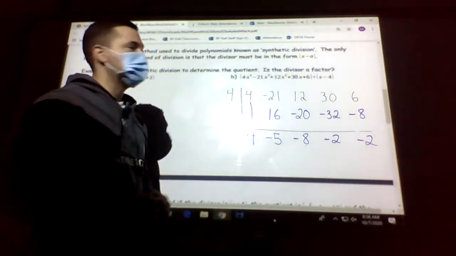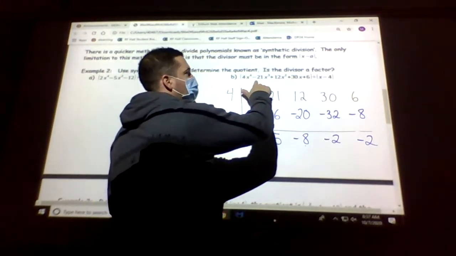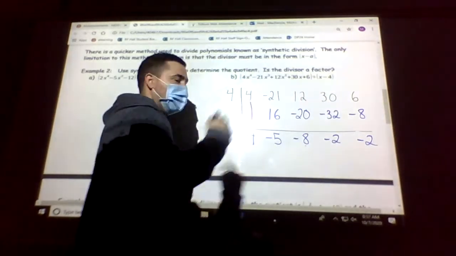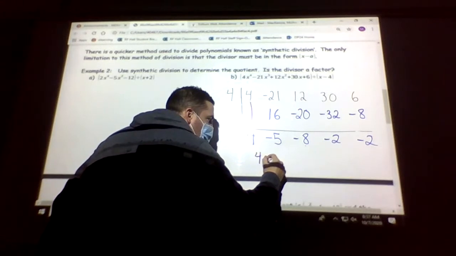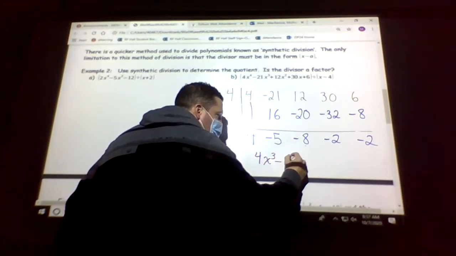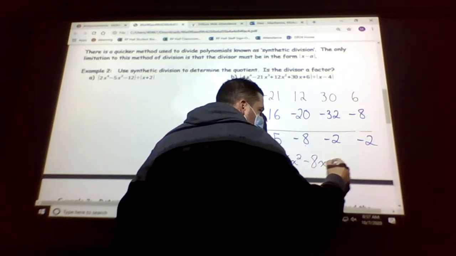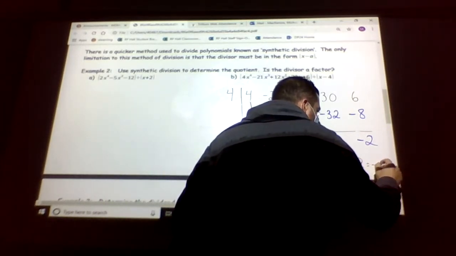The answer to this: if you divide 4x to the power 4 minus 21x cubed plus 12x squared plus 30x plus 6, you get one power lower. You get 4x cubed minus 5x squared minus 8x minus 2 with a remainder of negative 2.